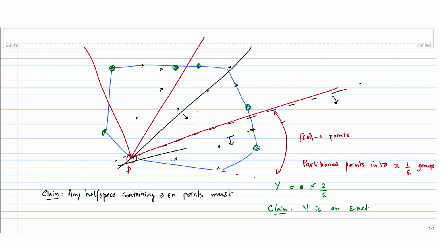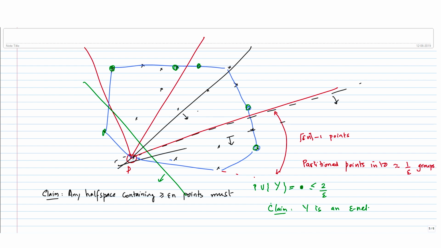Okay, but almost, because you might have a half space that contains P, but I also choose P in the convex set. Right? So you have an epsilon net of size 1 over epsilon.